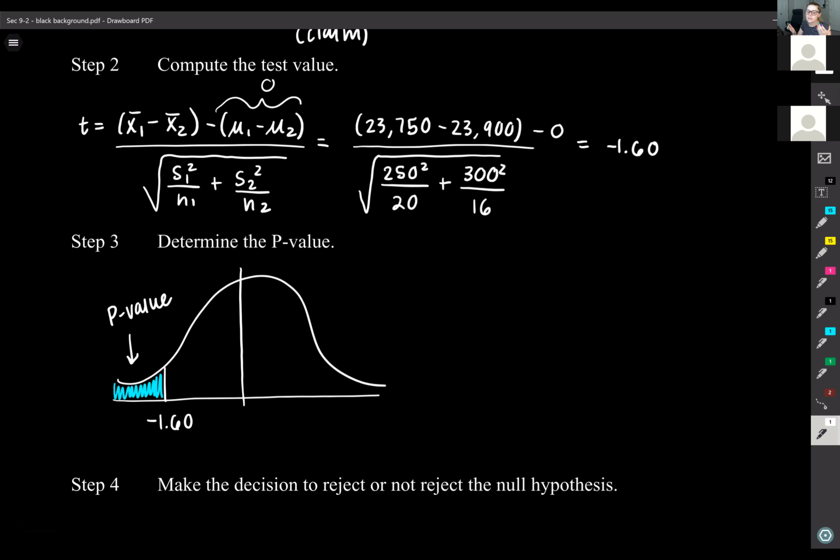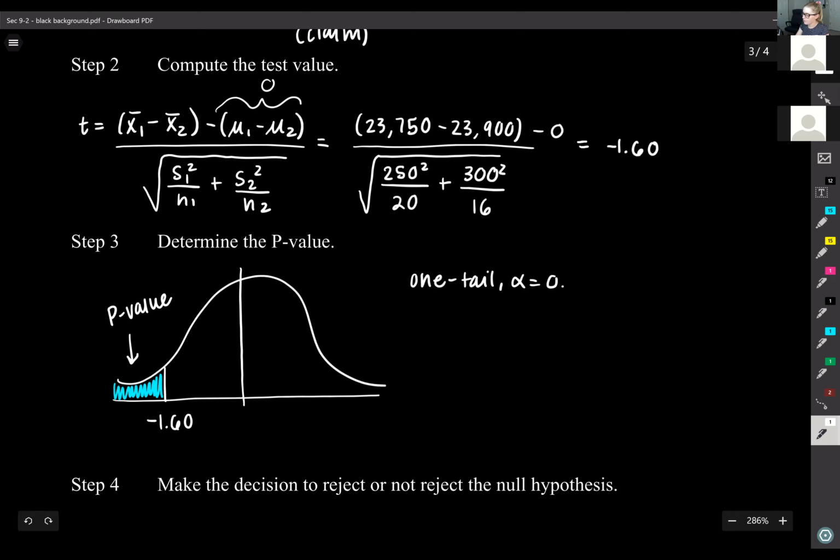And our chart is going to give us, if you remember from my lecture video, when we're doing the p-value with a t-test, it doesn't give you the exact value. It gives you a range of values. So it'll give you a range that the p-value falls between, but it doesn't give you an exact one like the z-test does.